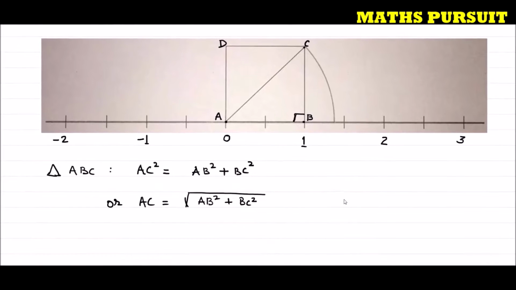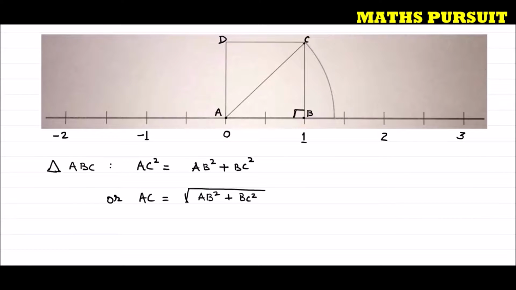Now after applying the Pythagoras theorem, as I told you, we have considered all these sides as 1 unit. This is 1 unit, this is 1 unit, this is 1 unit, and here also this is 1 unit. So AC is equal to root over AB square, which is 1 square because our side length is 1 unit, plus BC square, this one is also going to be 1 unit.